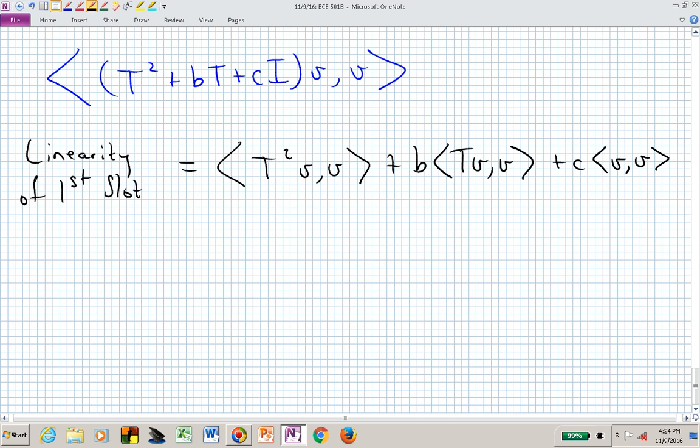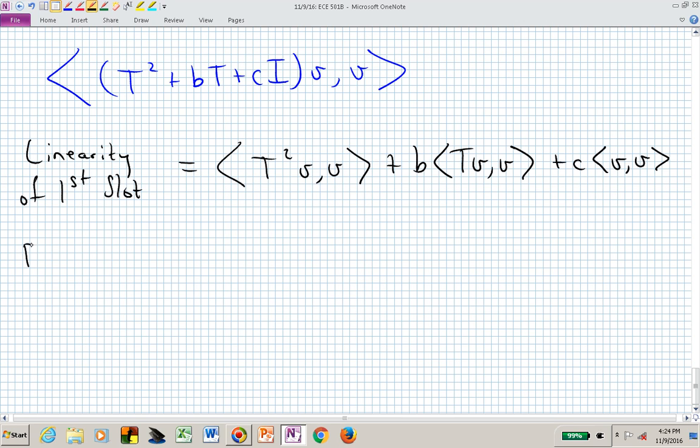T squared looks a little strange, but how can we maybe break up T squared? So now we can use the property of the adjoint and factor T and say we have T T applied to V. Now we can move that first T to the second slot using the definition of our adjoint.